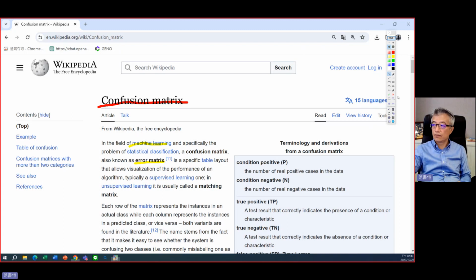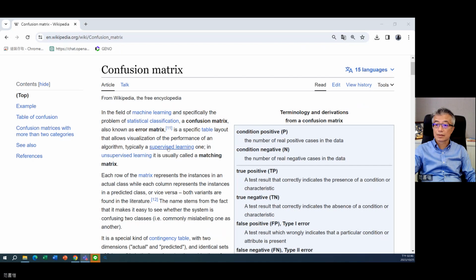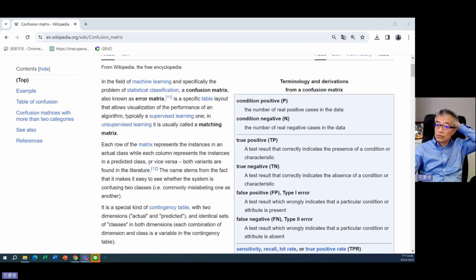So actually, the row of the matrix represents the instance of the actual class, the ground truth label, while each column represents the instance of the predicted class. So each row is the true, and the column represents the predicted.